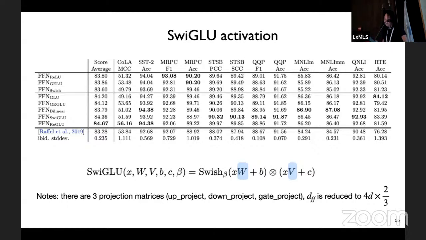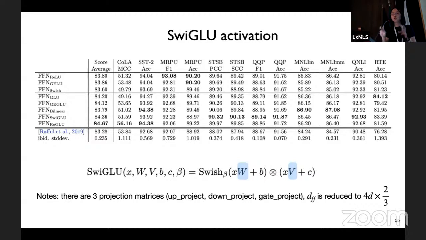One thing I should mention here is that compared to using the ReLU activation function, where you just have one up projection matrix and one down projection matrix, here you have a gate projection matrix, because you have the W and the V here for the up projection operation, and you still have to down project this matrix to the original dimension.